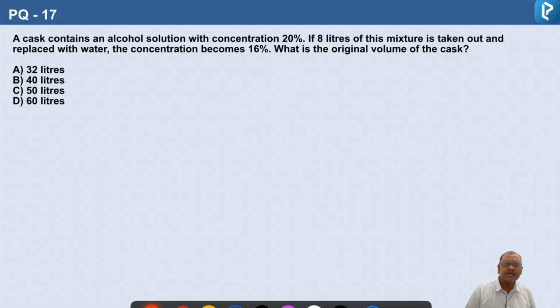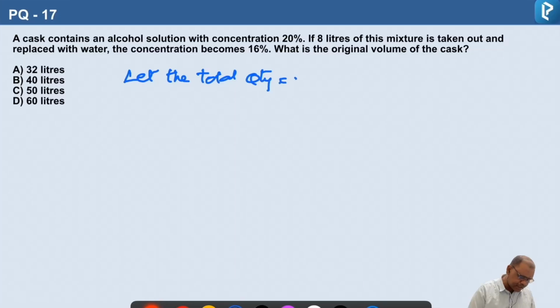Initial concentration is 20% and 8 liters of this mixture is taken out. First of all, let us assume the total quantity as X liters of alcohol solution.